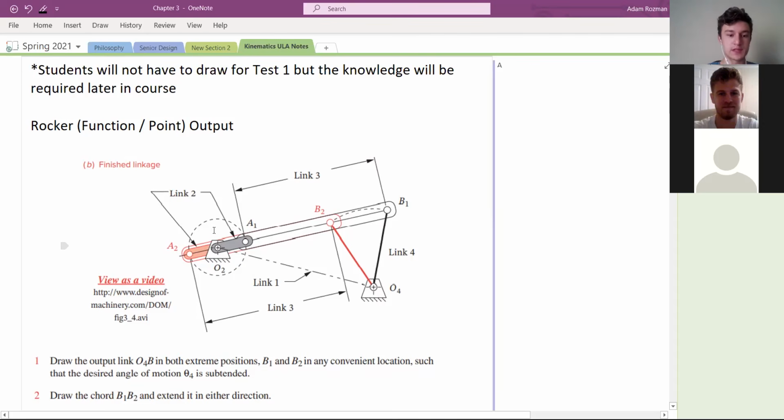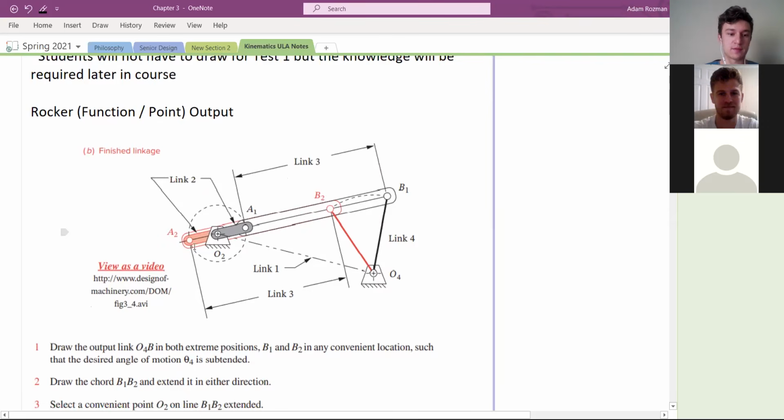So this is just a basic rocker. We call this a function generation because we're just looking at the movement of a point. So we want B1 to B2 just back and forth. We don't really care about the link O4 B2, just position to position.